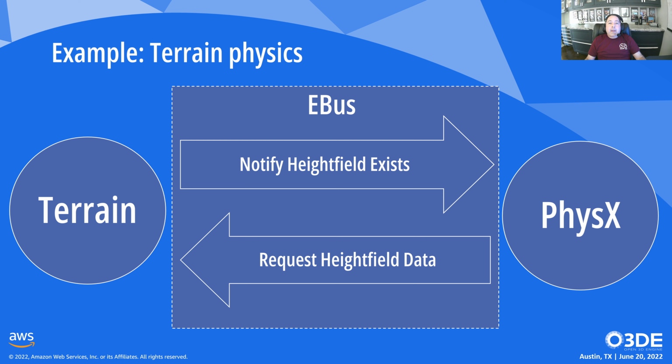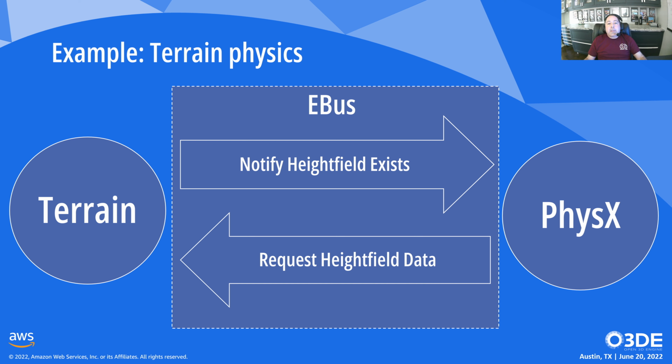As an example of how this plays out, we wanted our terrain to support physics. O3DE currently only has an optional PhysX implementation, but someday it might also support Bullet, Havok, Jolt, or any other physics library, so we don't want to get tied to a specific implementation. On the flip side, we also want PhysX to be able to support terrain without depending on our specific terrain system or even requiring terrain to exist.